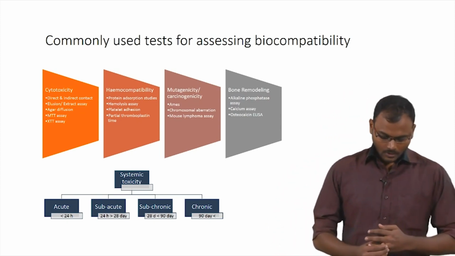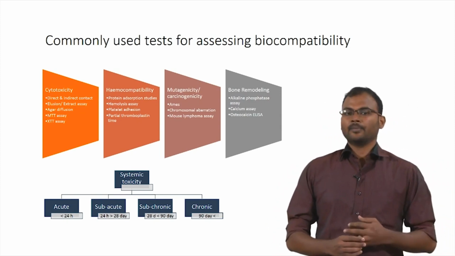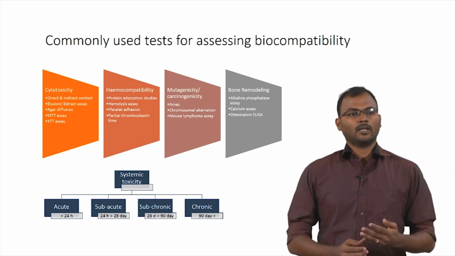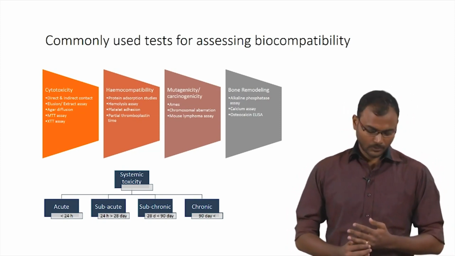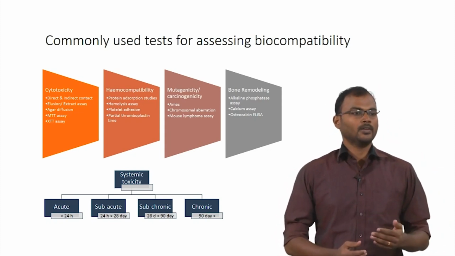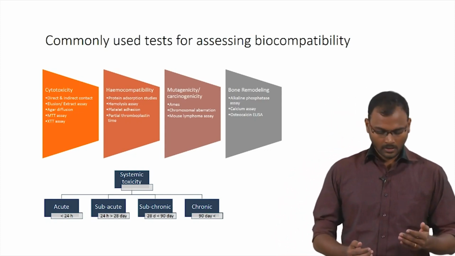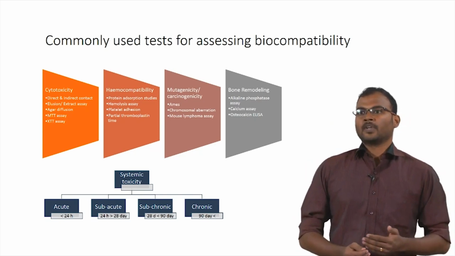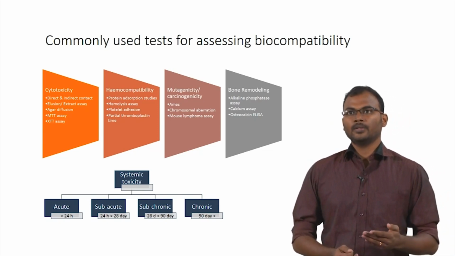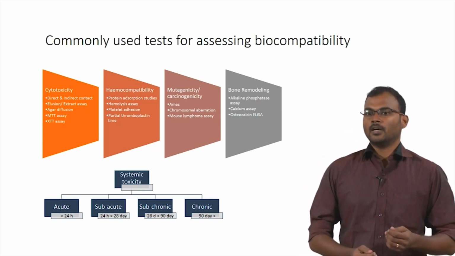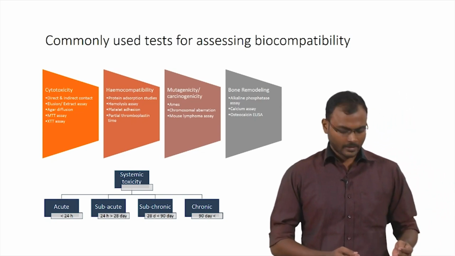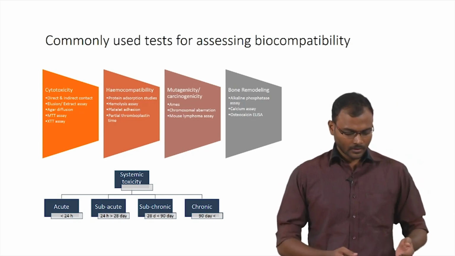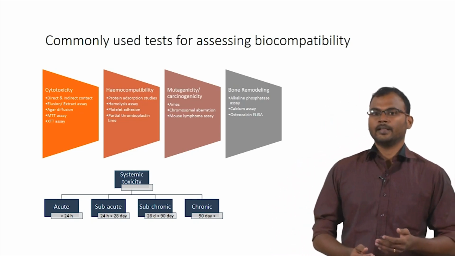Okay. So, systemic toxicity determines how long the implant you are going to use will stay in a system. Acute is where you use it for less than 24 hours, for example catheters used in angioplasty and other treatments, and subacute is 24 hours to 28 days.